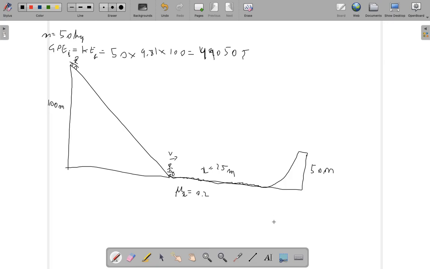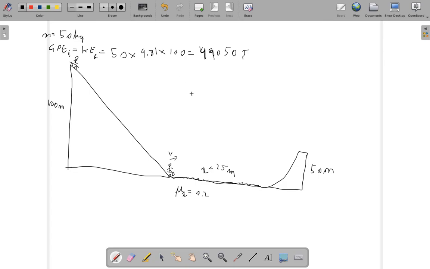Now, as he goes over here, because of the friction, he's going to slow down a bit. And also, we're aware that friction is a force, so it does some work on the skater boy, I'll call him skater boy, I guess. And as a result, his kinetic energy will decrease.